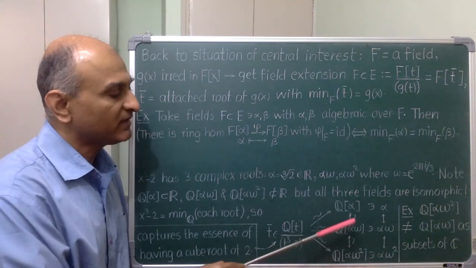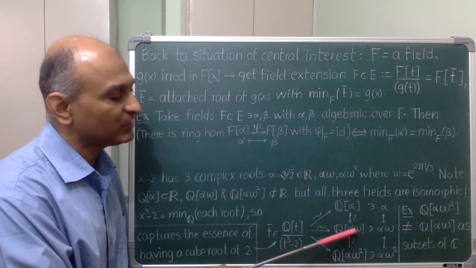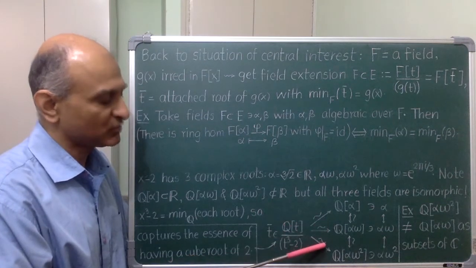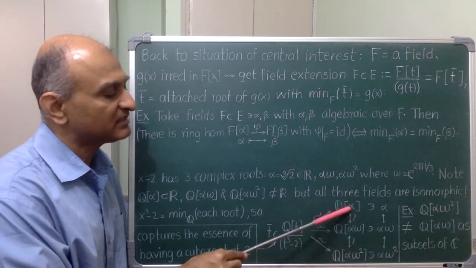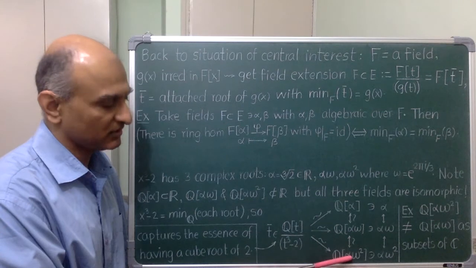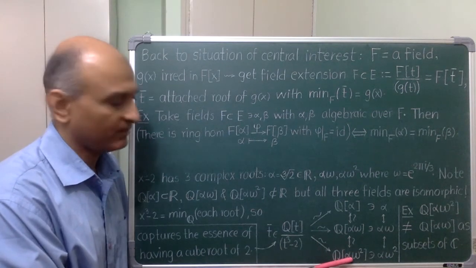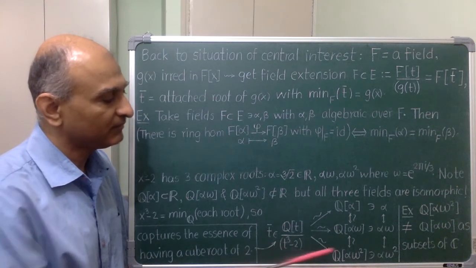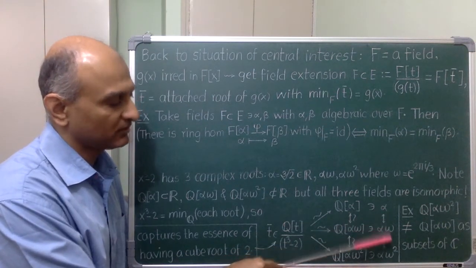Now, whatever I said about this ring applies equally well to both of these. Therefore, all three maps are isomorphisms and therefore these three rings are isomorphic to each other in a very specific way. Namely, all roots of this irreducible polynomial get matched up with each other.